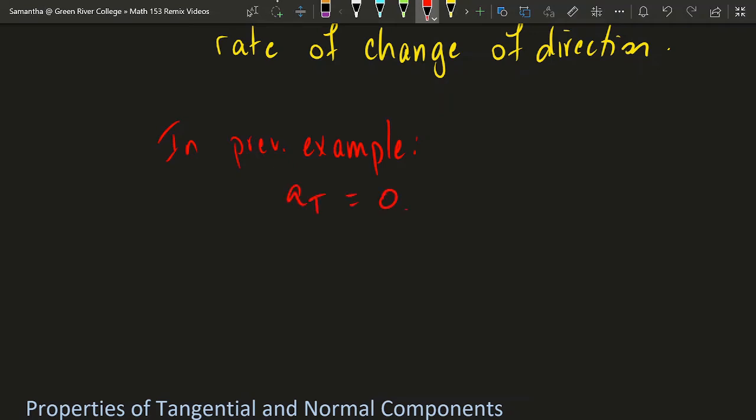A sub T is equal to nothing because a sub T is the rate of change of speed, and the speed was not changing at all in that example. Therefore, we would know that the acceleration vector was equal to a scalar multiple of the normal vector. So the entirety of the acceleration in that particular case would align with the unit normal vector. They would be parallel.